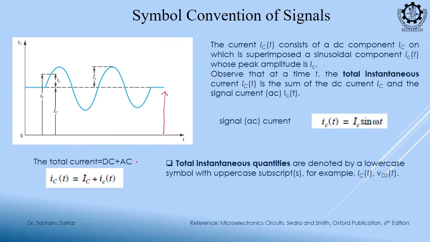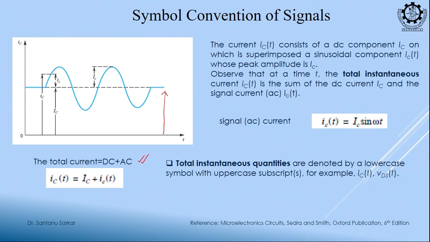So this total, or instantaneous, current has two components: one is the DC part, another is the AC part. The notation for the DC part, the total current, and the AC part are all different. Can you follow? This is the notation we will be following.